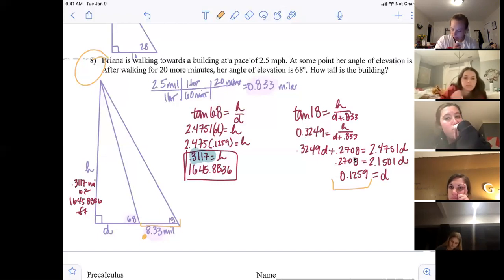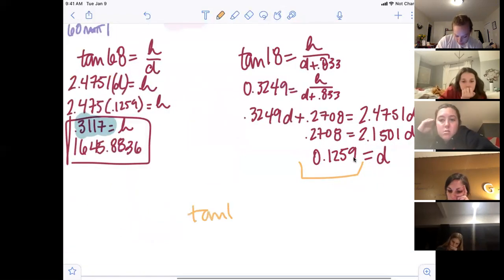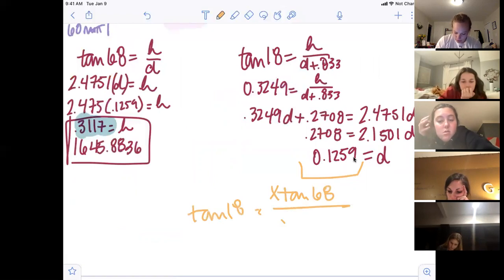It should be the same number I would get if I plugged, let's see if I carried this through. So tan of 18, and then this would have been X or D, tan of 68 over D, or sorry, X. So if I had not done decimals, I should have gotten this in, and then I would have solved to get X by itself.